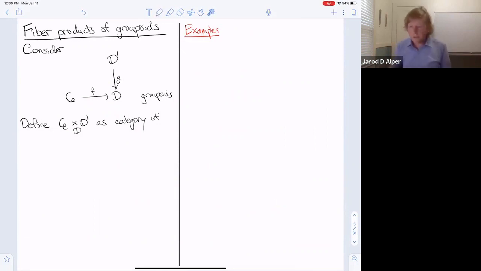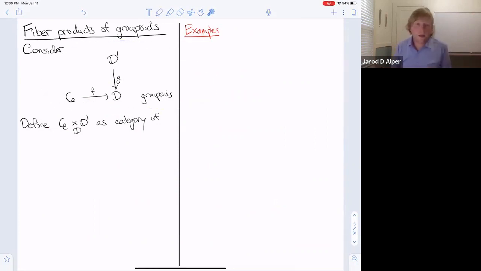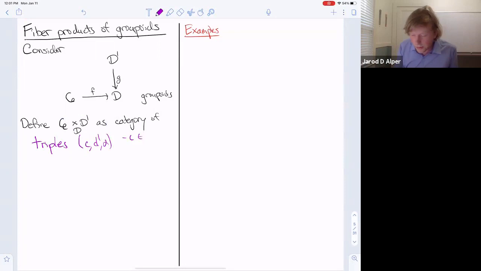Let's suppose we have a diagram of groupoids, and F and G are functors of groupoids. We're going to define a category, which should be the fiber product, as follows. Objects should be triples (C, D prime, alpha), where C is an object of C, D prime is an object of D prime, and alpha specifies an isomorphism between F of C and G of D prime.